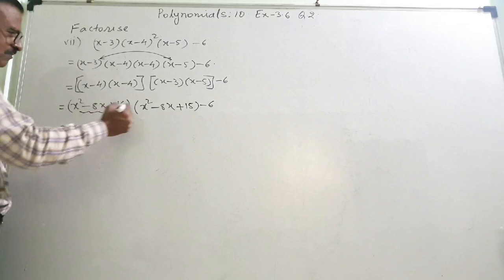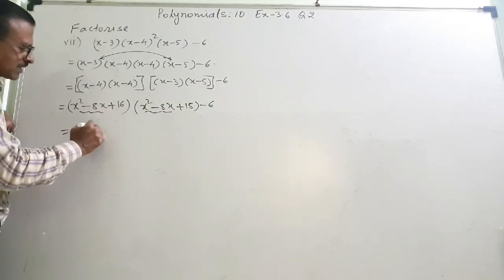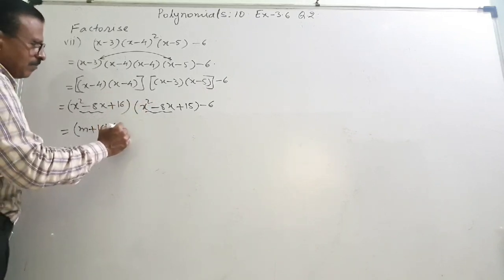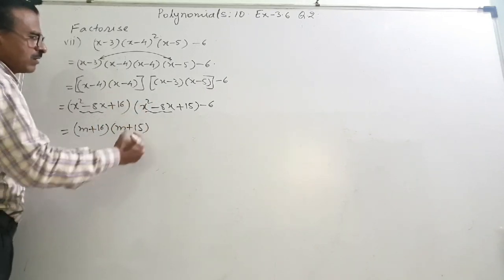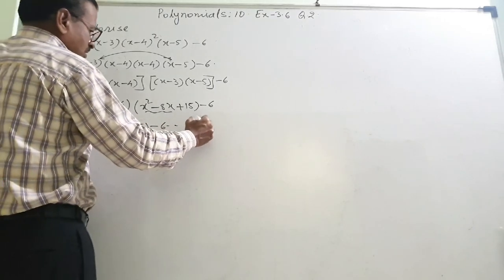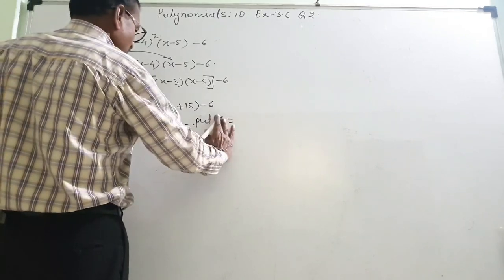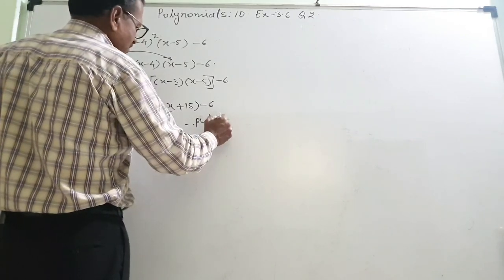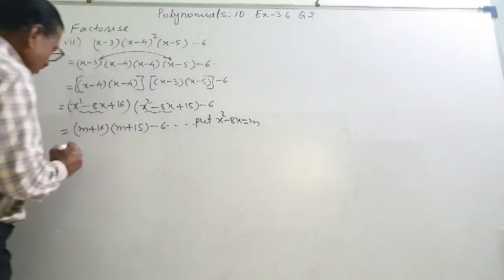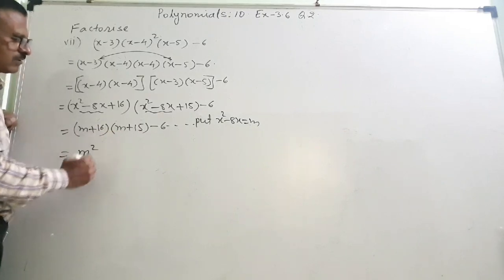Now for this I will put m. So that is equal to (m plus 16) into another bracket (m plus 15) minus 6. Here I will put m equal to x square minus 8x. Now I will multiply. First term is the same, so m square.